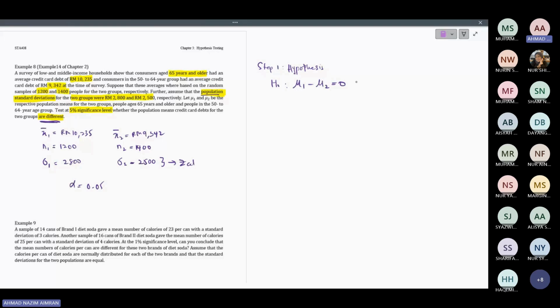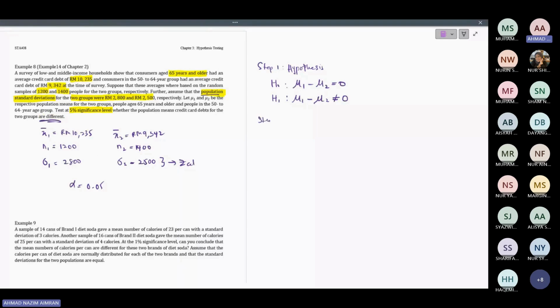It is always like this for two independent populations. And the alternative hypothesis is mu1 minus mu2 is not equal to 0, so two-tail. What is mentioned in the question here is our alternative hypothesis.